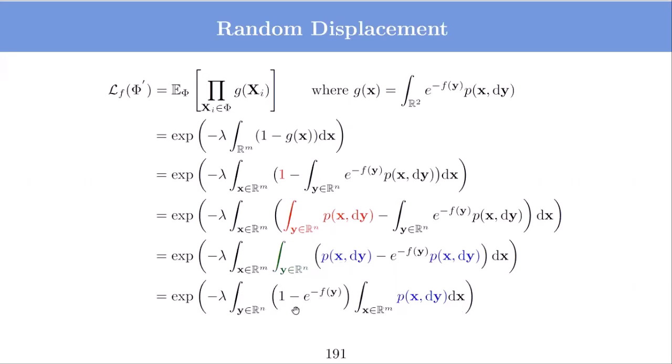Now I change the order: I keep y outside and x inside. So what I get is integration over y of 1 minus e to the power minus f(y), because this is no longer a function of x, and then p(x, dy) dx. I explicitly write y and x just to know which integration is with respect to what.